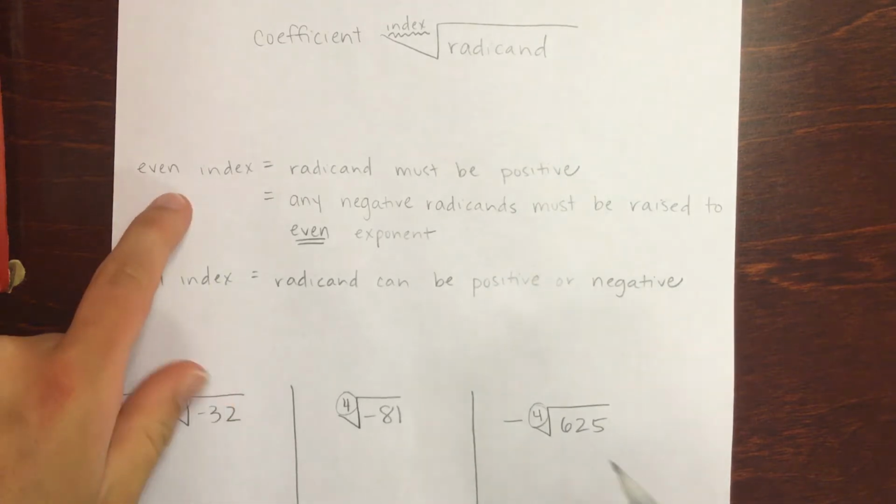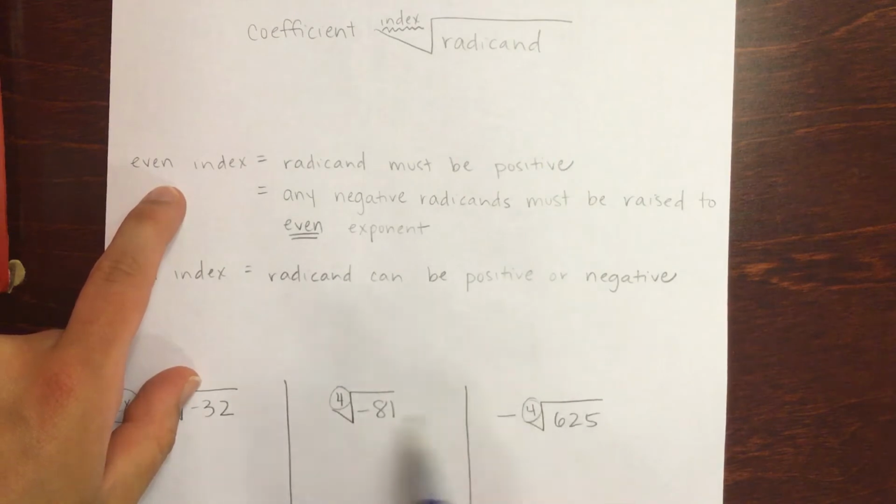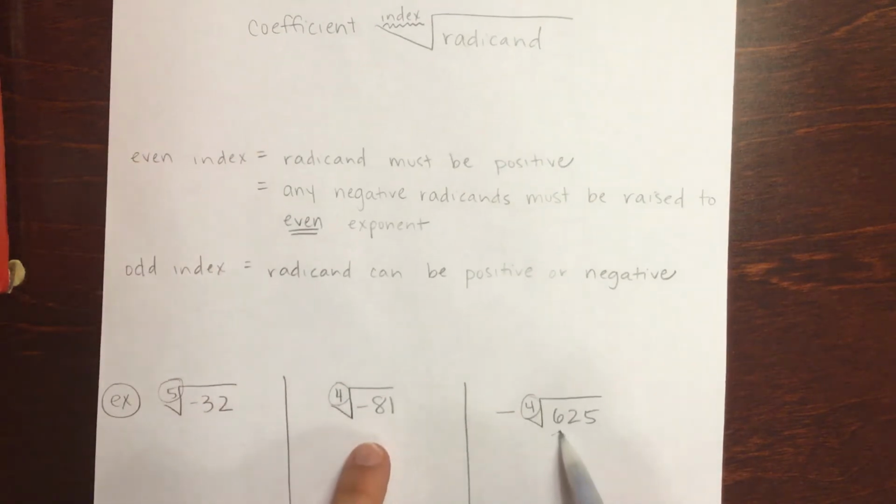If it's an even index, this number here is even, the result must be positive. If it's positive, everything's fine and dandy, you're good to go.